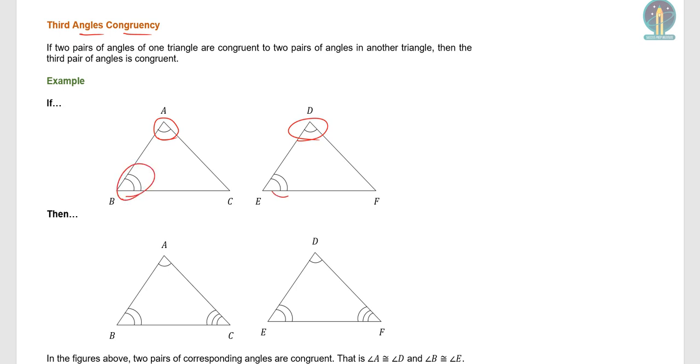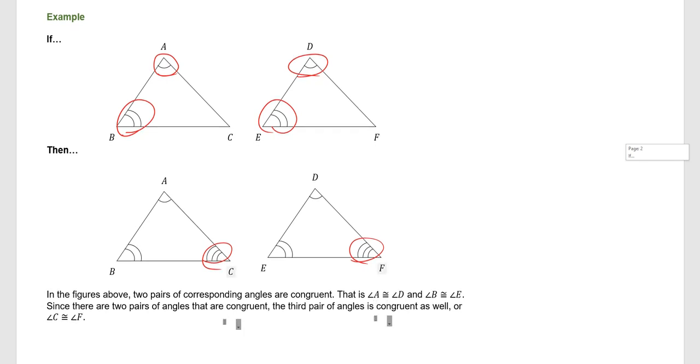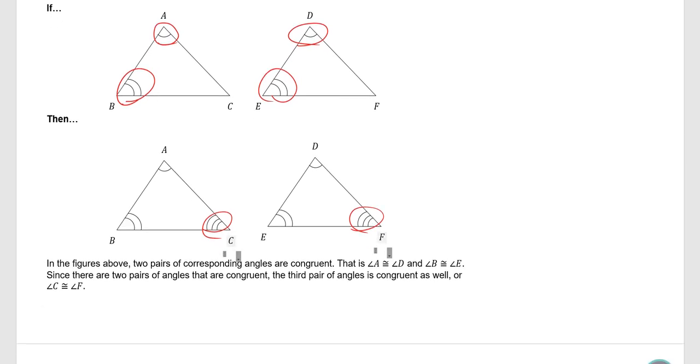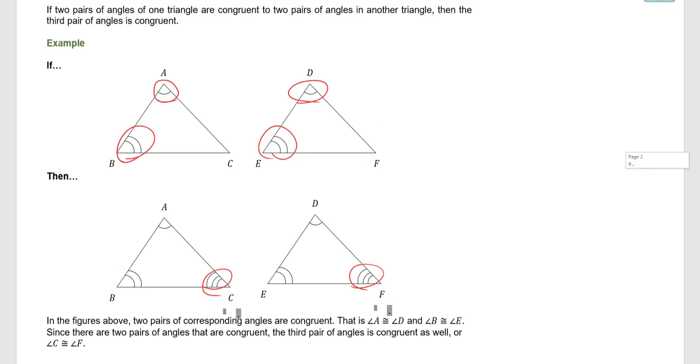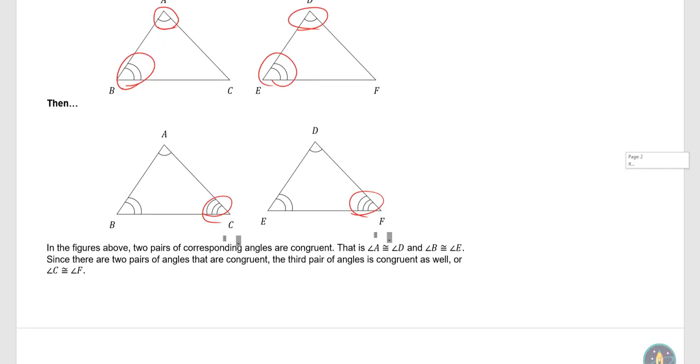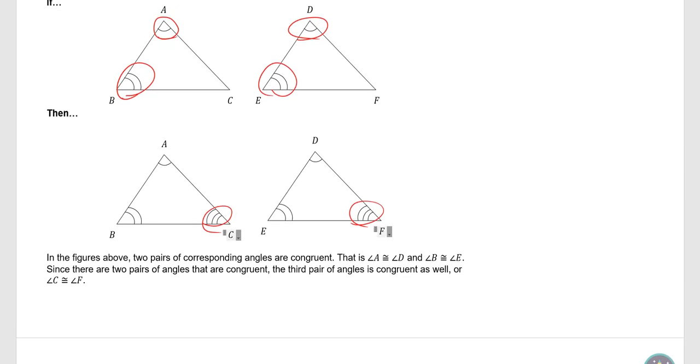Angle B is congruent to angle E. Therefore, angles C and F, which are the third angles, have to be congruent, right? And why is that? Because all three angles in any triangle have to add up to 180 degrees. So if the first two pairs of angles are the same, then the third pair of angles has to be the same. Okay?